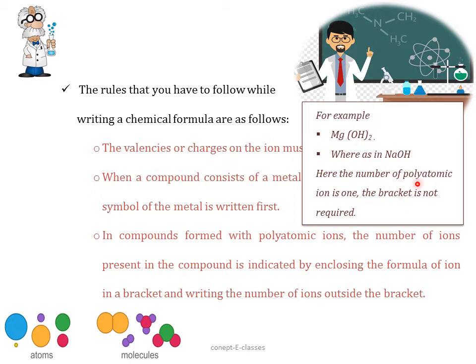So the bracket is not required. Whereas in the case of magnesium hydroxide, here there are 2 hydroxide ions. So we use brackets, that is, we enclose this ion in a bracket and we write the number of ions outside the bracket. So this is how we write a chemical formula.